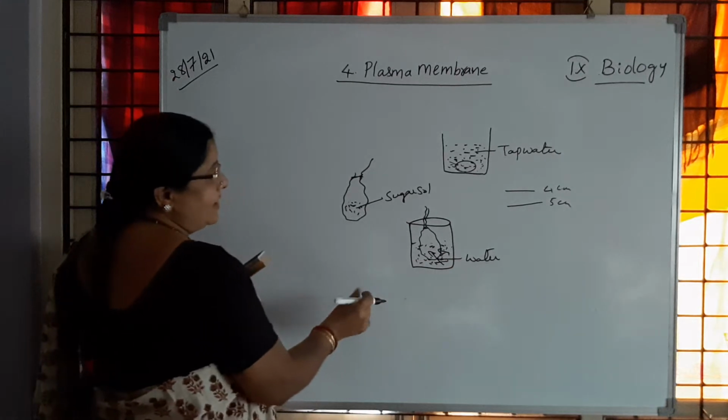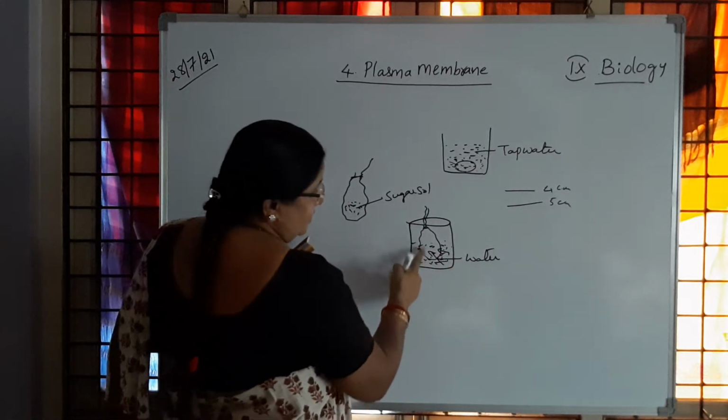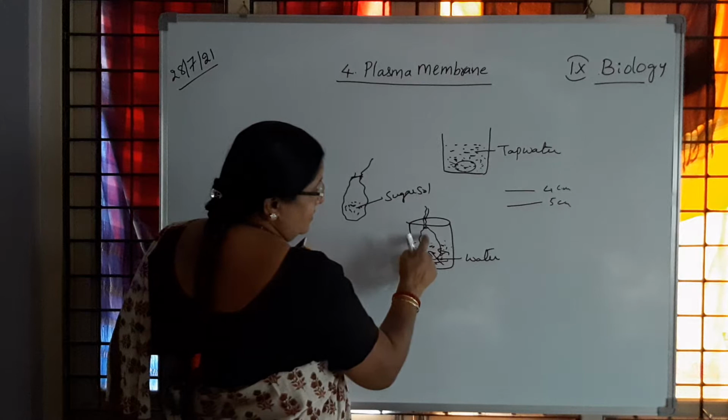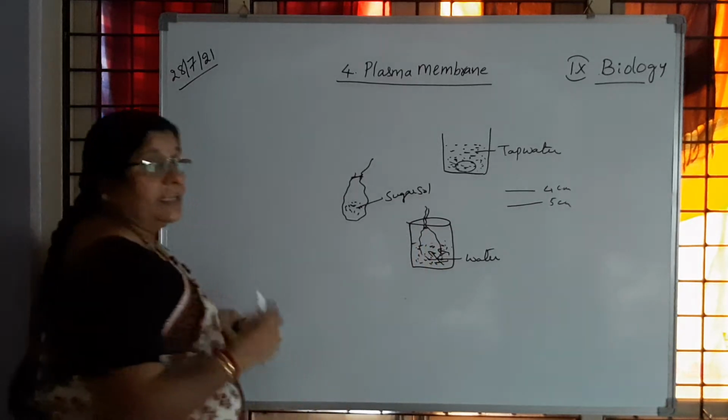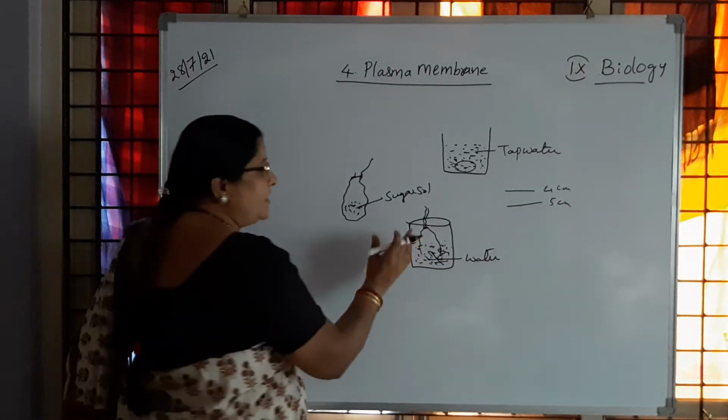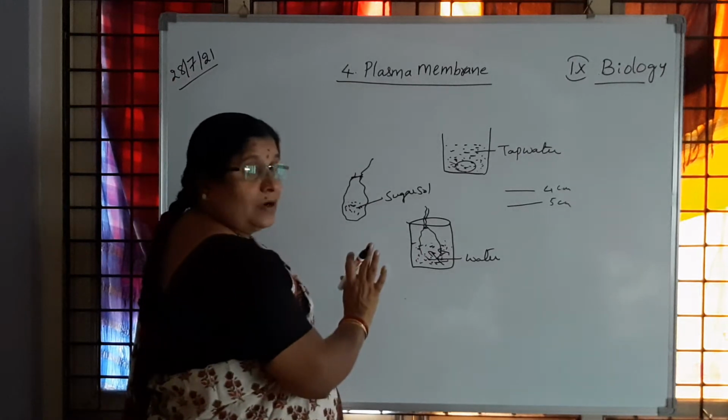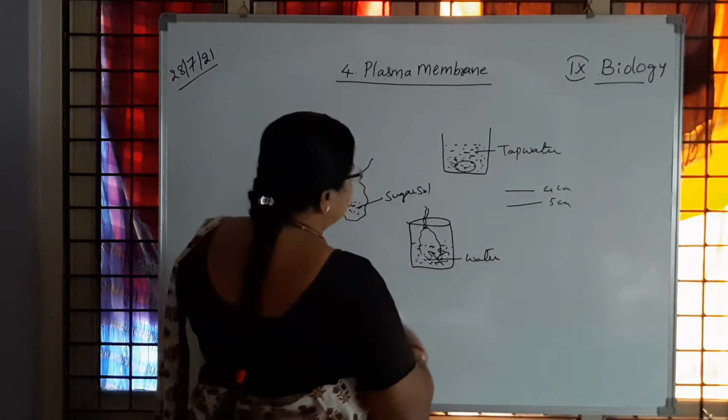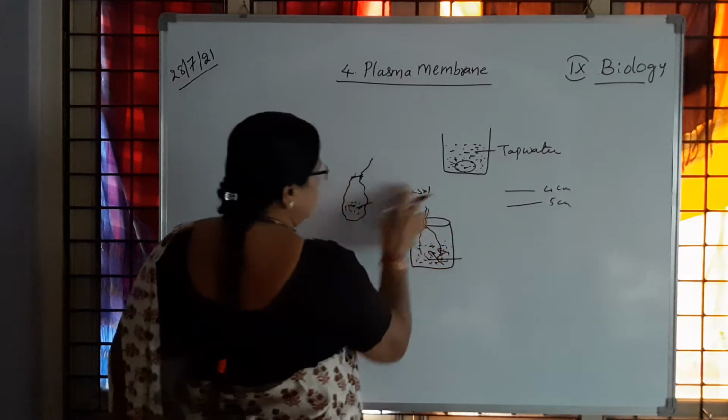So what will happen? The level or the size of this cell membrane increases. Why? Because the movement of water has happened. Have you followed? So now we can do the reverse also. What is that reverse?